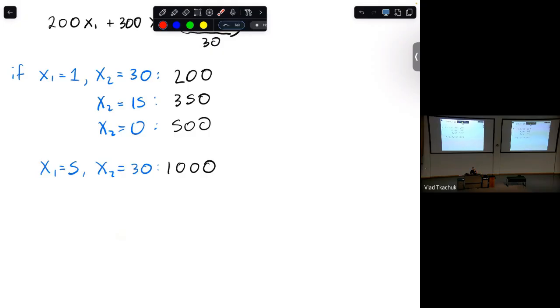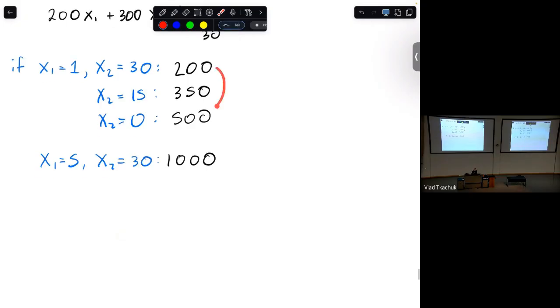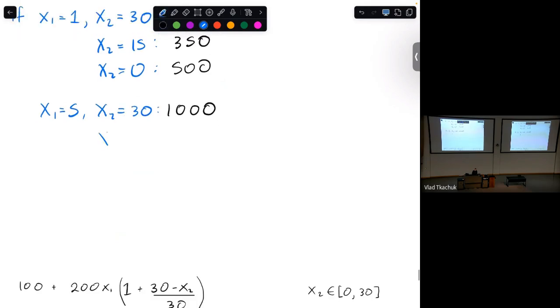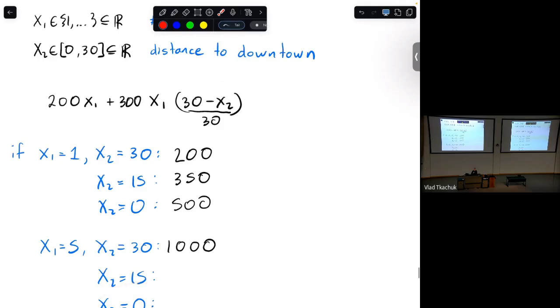But now what we'll see is that as we get closer and closer to downtown, the price increase is much more dramatic than this. So we'll do x2 equal to 15 again, and then x2 equal to 0. If we do the 0 case, we're directly in downtown, so you end up with 30 minus 0 over 30, that's 1. Now we have 5 rooms.